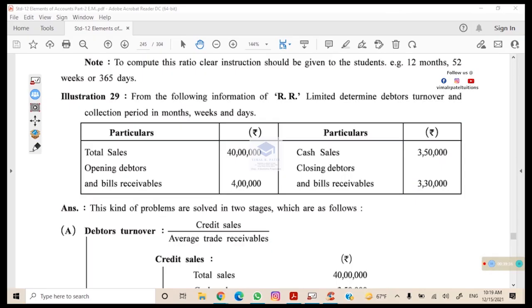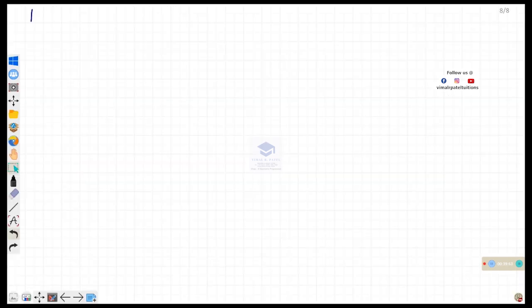From the following information of RR Limited, determine debtors turnover and collection period in month, weeks and days. Total sales, opening debtors and bills receivable, cash sales, closing debtors and bills receivable. Okay. So for debtors turnover, first of all we need credit sales.